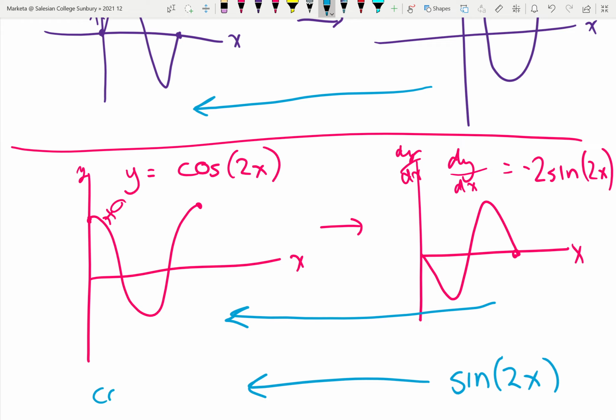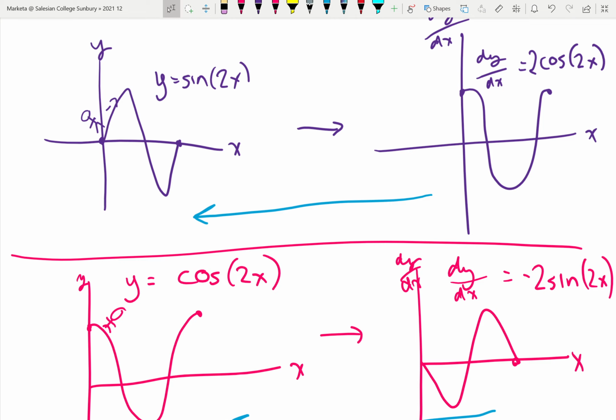So it would become half cos of 2x. For the same reason that if we went this way, we'd times by 2. So we divide by whatever's in front of the x, and we apply the negative or positive in the opposite way.